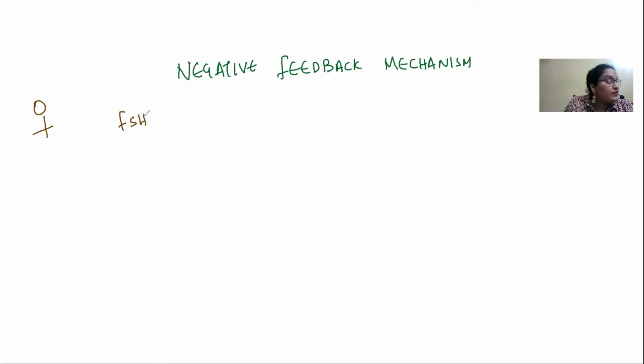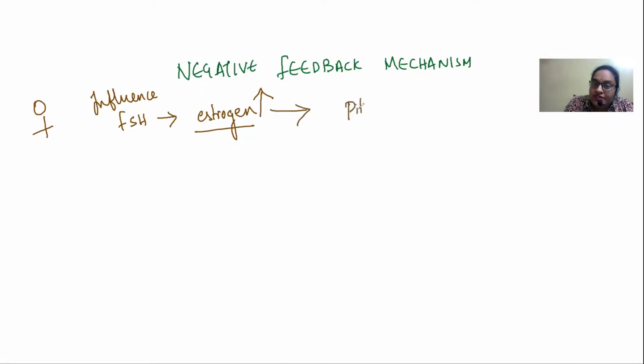Under the influence of the follicle stimulating hormone, there is going to be a secretion of estrogen. If the estrogen levels in the blood are increasing, they will reach your pituitary gland through the blood circulatory system.